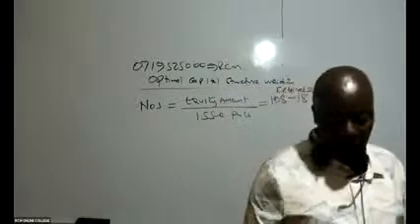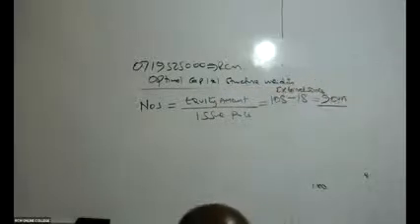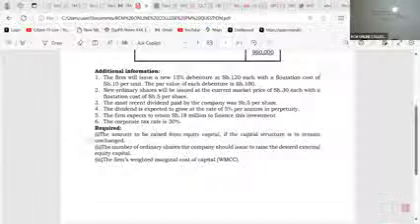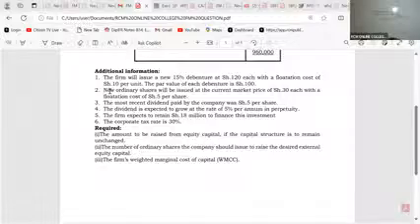So remember what they have told us in this question. Look at note number 2. New ordinary shares will be sold at the current market price of 30 each with a flotation cost of 5.